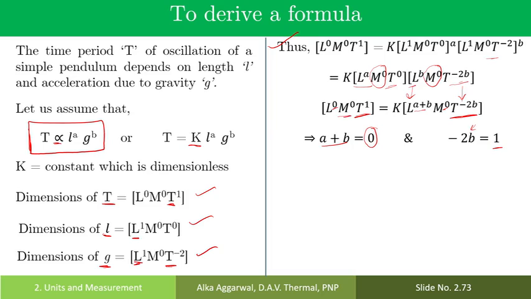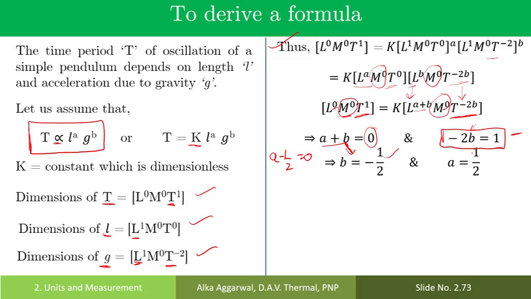Power of M on left hand side as well as on right hand side is 0, so we are not equating the powers of M. Now from this equation, b is equal to minus 1 by 2. Now put the value of b in this equation. It becomes a minus 1 by 2 equals 0, which gives a equal to 1 by 2.